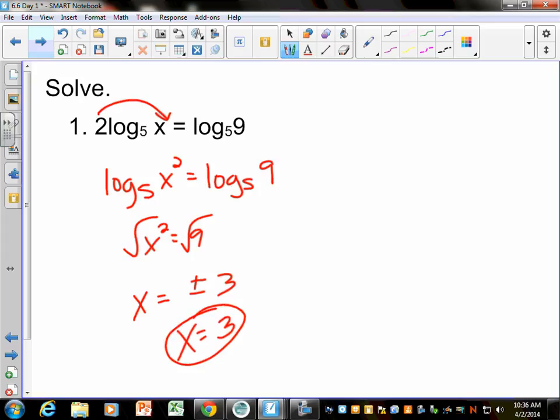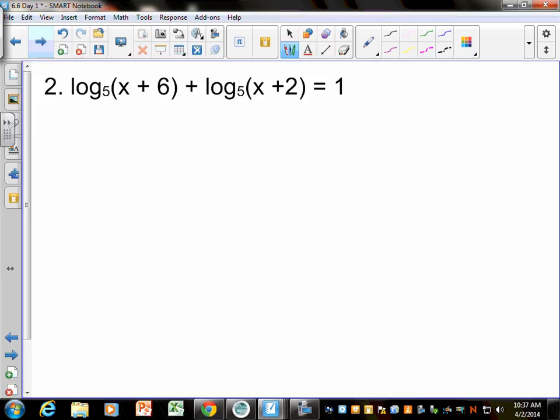Great for you, because most people forget to put plus or minus anyway, so you just luck out. But you have to check all your answers, not necessarily work it all out, but just make sure when you plug it in that you don't get a negative log. Remember, you can't do this on your calculator unless you have a fancy calculator, because our calculators only have log 10, not log 5. Ooh, what about this one?